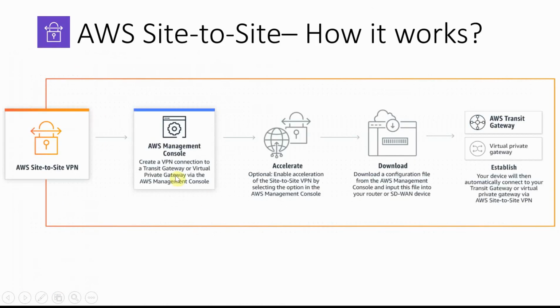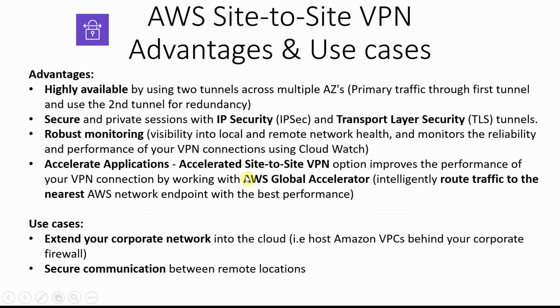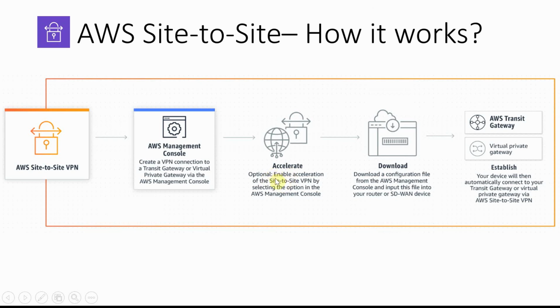Then, as we just discussed, the Global Accelerator for site-to-site VPN is an optional component. It comes with a cost, but it's not mandatory. If you want to enable it, you can. With that, you primarily download the configuration file from the console and input this file into your on-premise router.